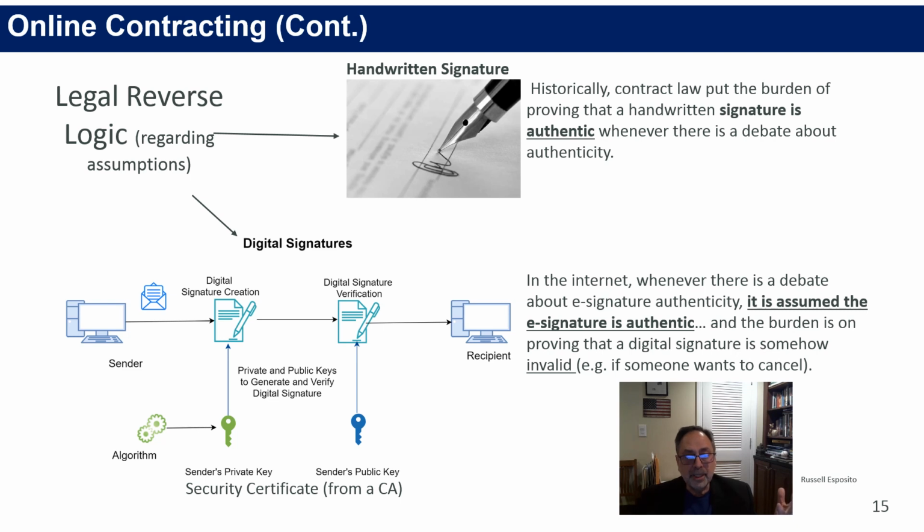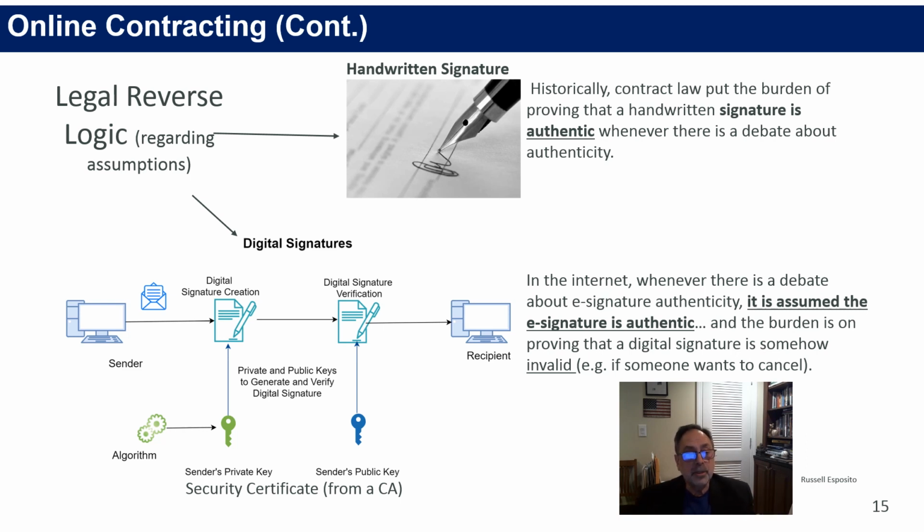Now the private key and the public key, if you notice here in the bottom, the security certificate is provided from a certificate authority, some IBM or Symantec or someone like that. They're going to provide a private key and a public key. See here, bottom, private key is green, public key is blue. They're provided together. They're mathematically connected. They work together, but they're different keys. So the sender of the contract has a private key.